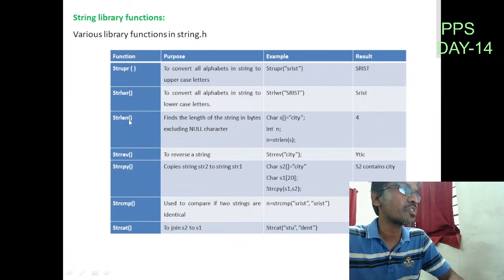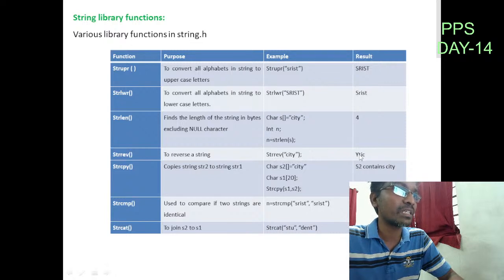The next one is string length. If you want to find the length of a given string, you have to use the strlen function. It will find the number of characters in the given string. The next one is string reverse. If you want to reverse the given string, you have to use strrev followed by the string name.